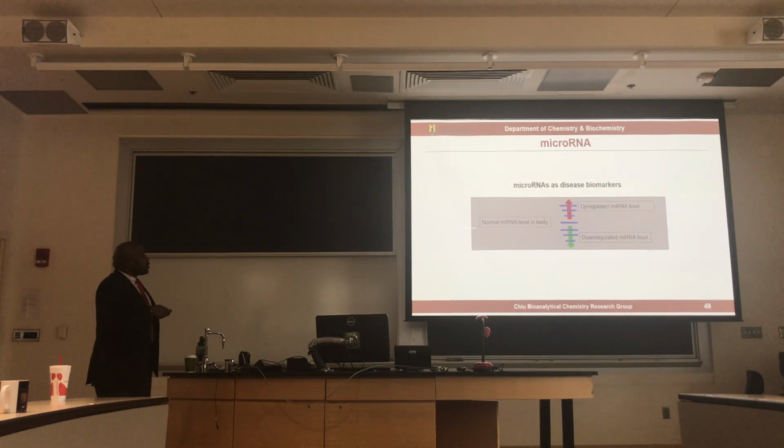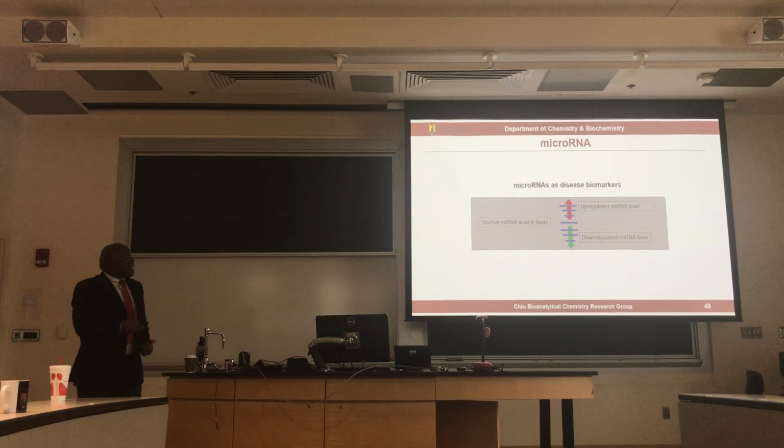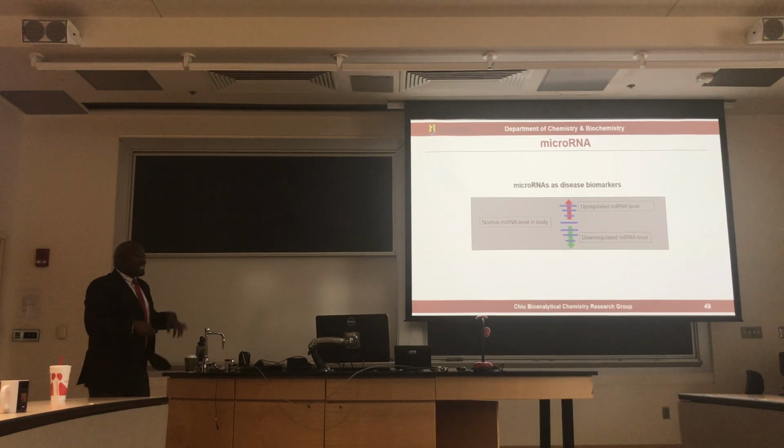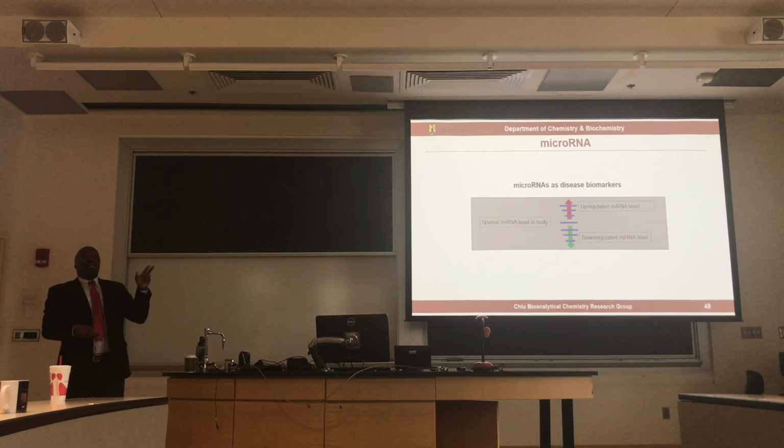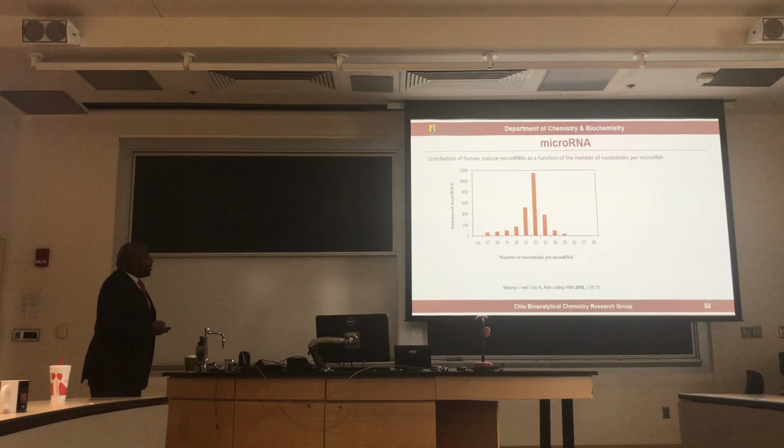For example, if we assume that the normal level of microRNA is here, and then you have a disease, the number of microRNAs can either become upregulated or downregulated. There are several research papers that have reported microRNAs as disease biomarkers for various diseases, including cancer.